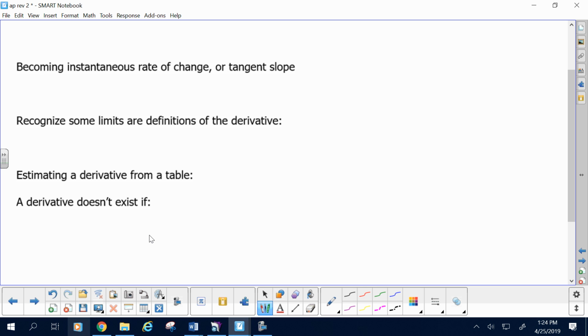Okay, estimating a derivative from a table. The warning for this is, yes, change over an interval is a good estimate of how it's changing at a point, but it is an estimate.